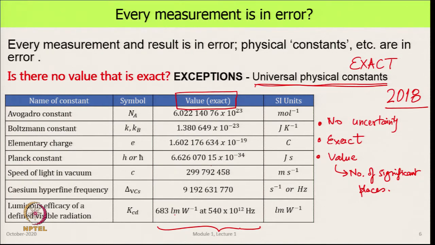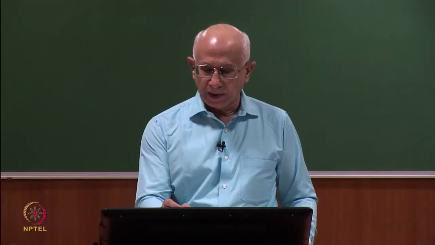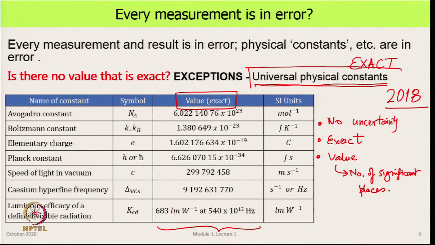This is the exact value and to this many decimal places. So, the world body of scientists all across the world decided these are things which are exact, and they are classified as universal physical constants.